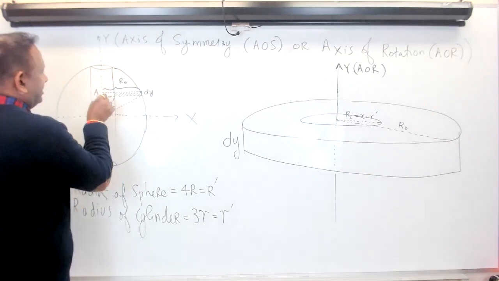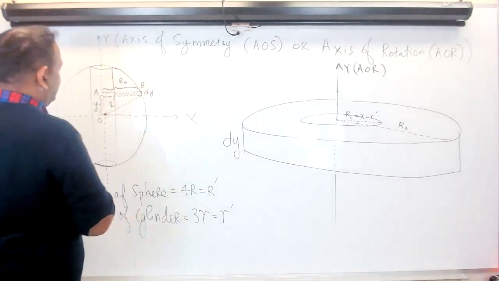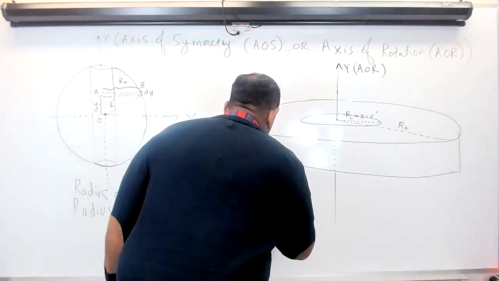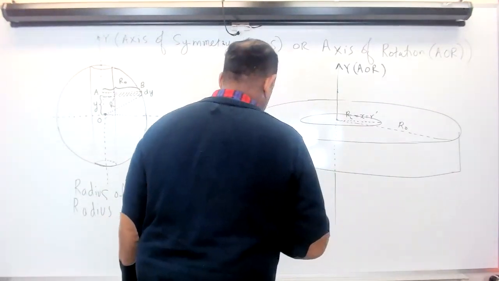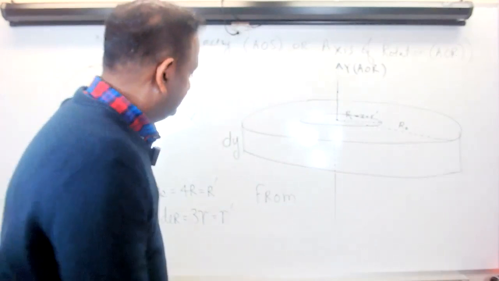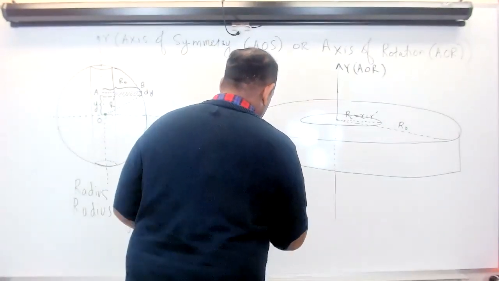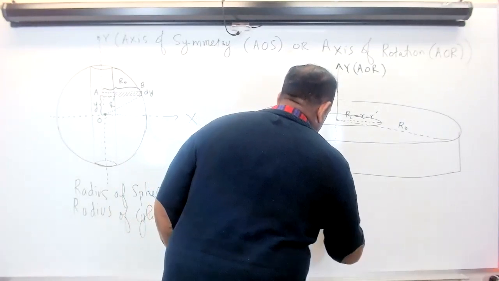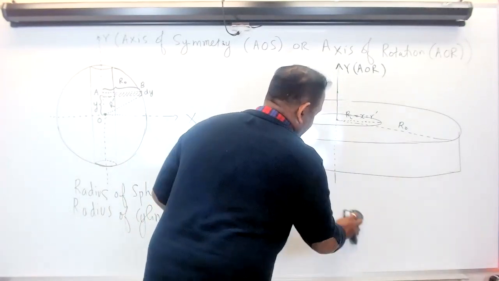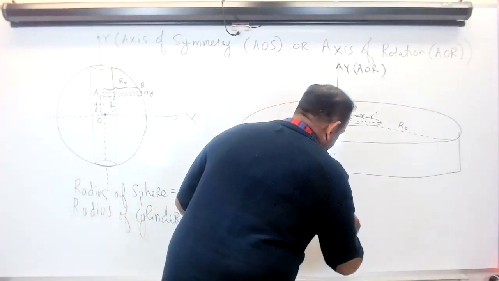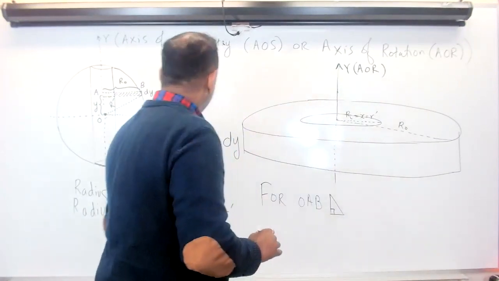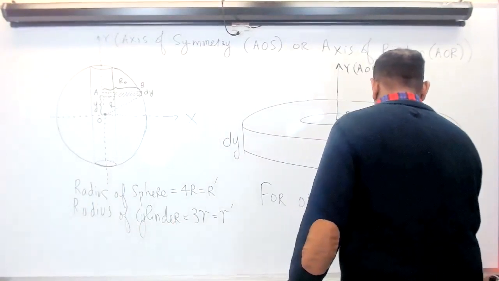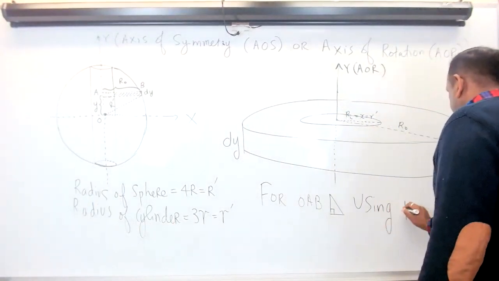O, A, B, right triangle. I'm going to draw this one triangle using the Pythagoras theorem.